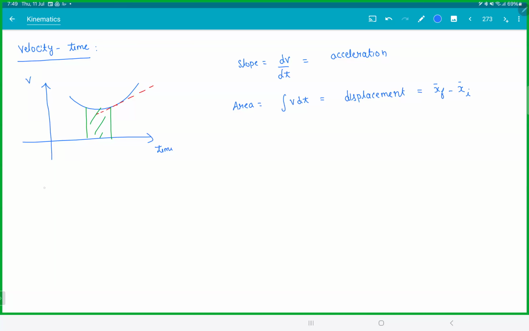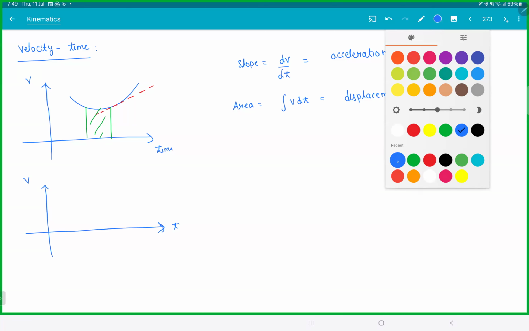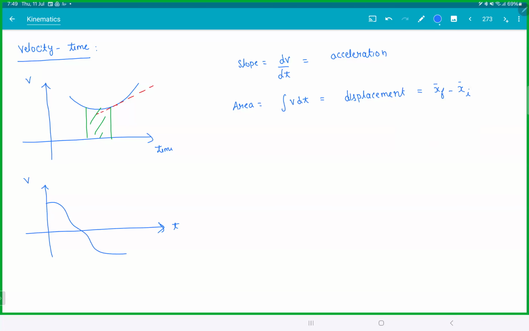Now here you have to be careful about one thing. The area can be positive or negative. So if you have a VT graph like this, the area below the time axis is a negative area. Because below the time axis, the velocity is negative, and time is always positive, so the area is negative.